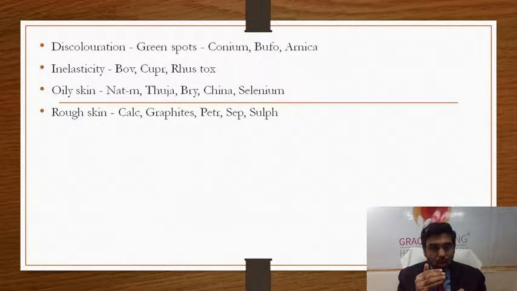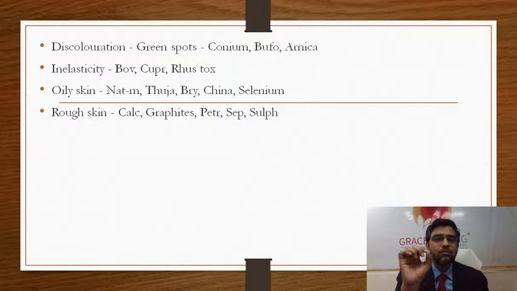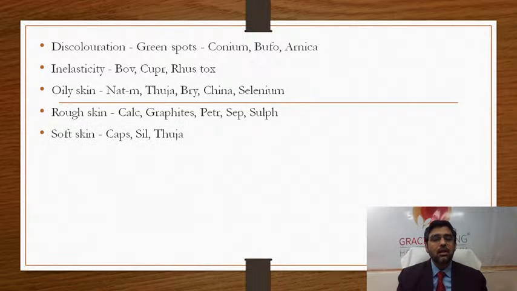Exactly opposite to rough skin, soft skin. Whenever the patient has soft skin, just touch the patient. The first remedy that should come to your mind is Silica, a very important remedy. Thuja, very important remedy. And Capsicum, very important remedy. Of course, this is what I have seen in my practice.